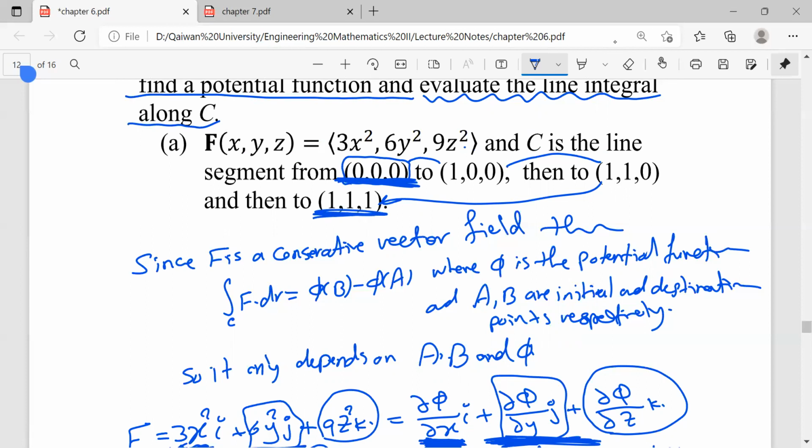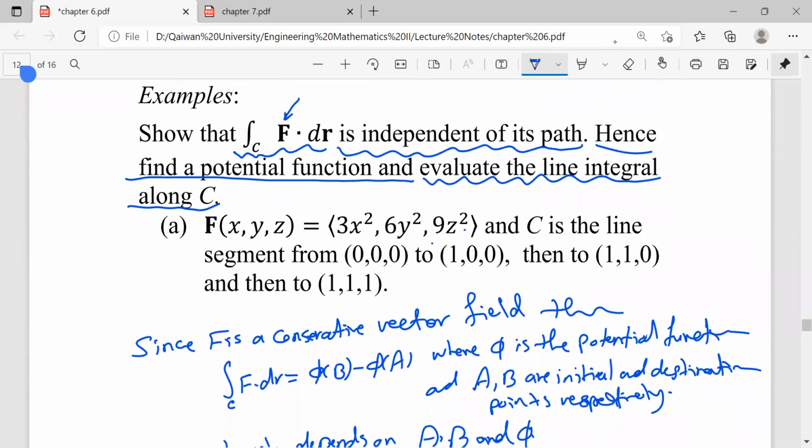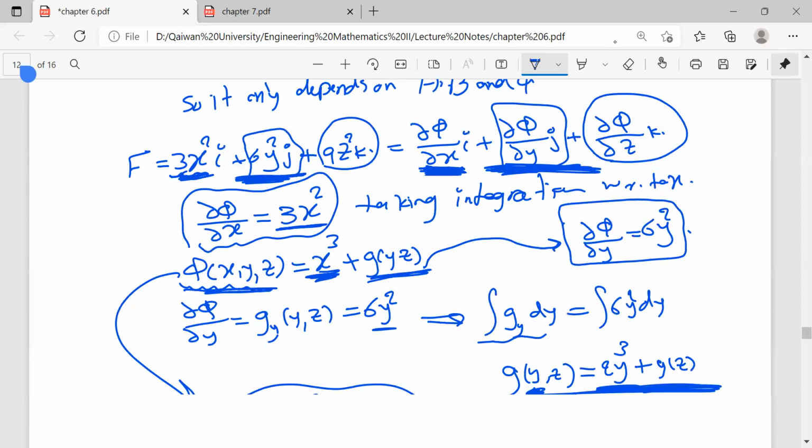We only take the initial and destination points. If you go through any of these curves, we get the same result. We proved that before.